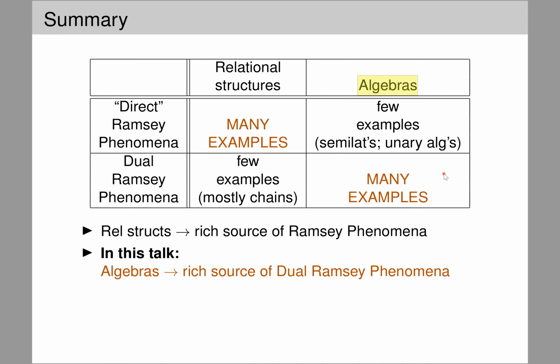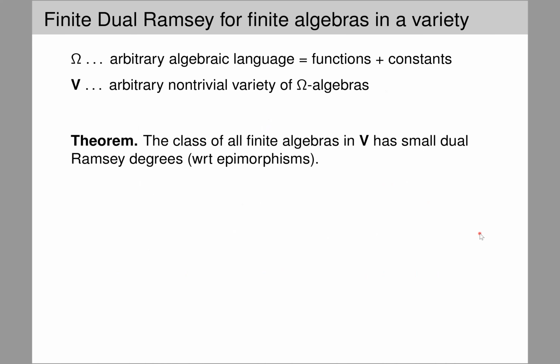I will now demonstrate that if we consider universal algebras, almost everything has a dual Ramsey property. More specifically, I will discuss two results. The first one is the following. Let omega be an arbitrary algebraic language, no restrictions, and let V be an arbitrary non-trivial variety of omega algebras.